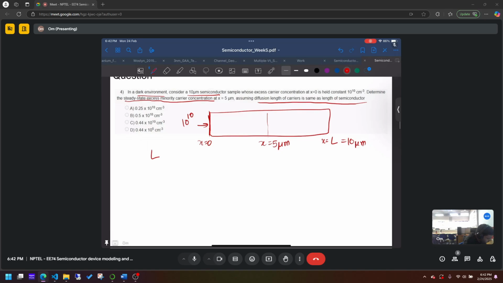So let's say if it is electrons, Ln is the same as L, which is 10 micrometer.